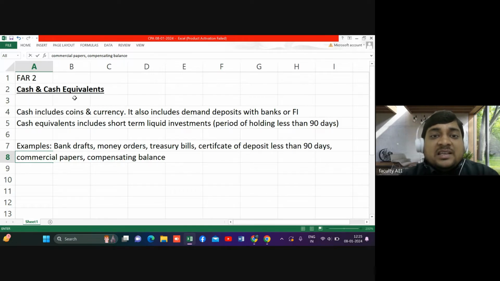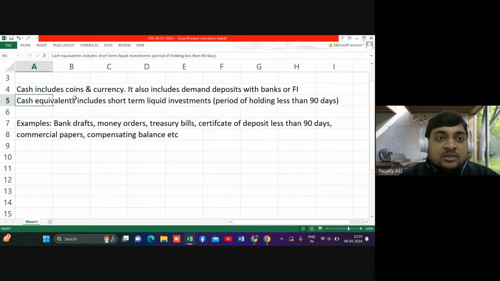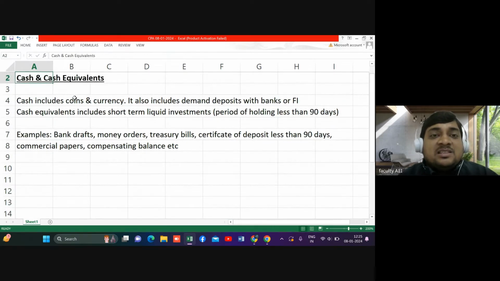This is compensating balance, right? Basically, you can tell it as just a collateral which needs to be kept with the lender, right? So compensating balance basically means the cash set aside by the borrower in order to avail some financing arrangements, right? So those are compensating balances.